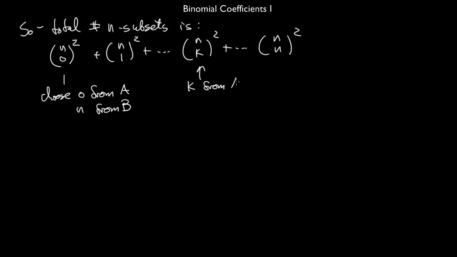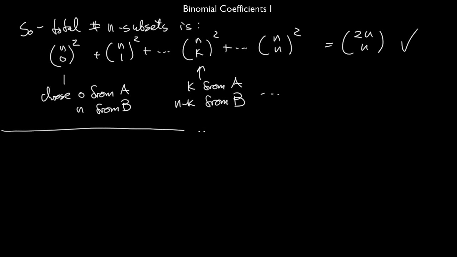So this guy here is the one I just computed, k from A and n minus k from B. So when you add those up, that's all of the possible n subsets of a 2n set, and that's your 2n choose n. Okay, that's all for that.